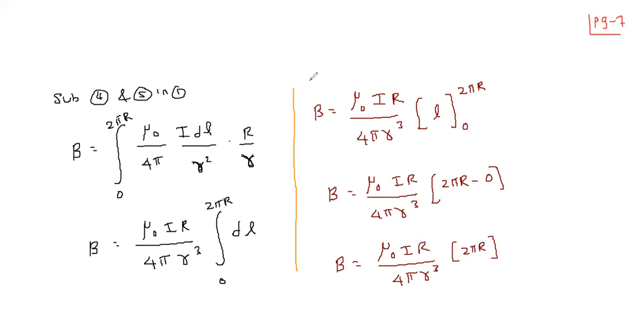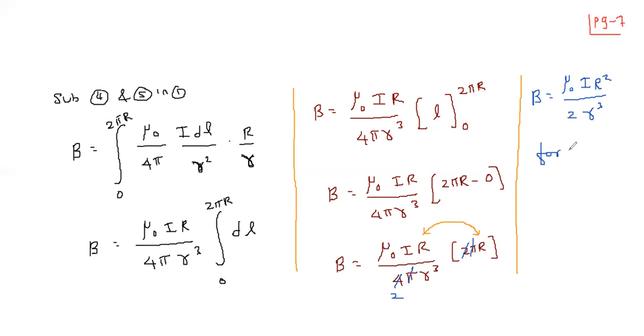Now we cancel the terms. You can cancel pi with pi. 1 2s are 2, 2 2s are 4. So the remaining equation becomes like this. R times R gives R square. So I am getting B is equal to mu naught I R square by 2 r cube.